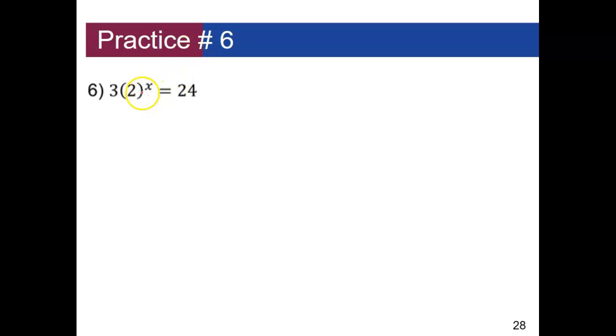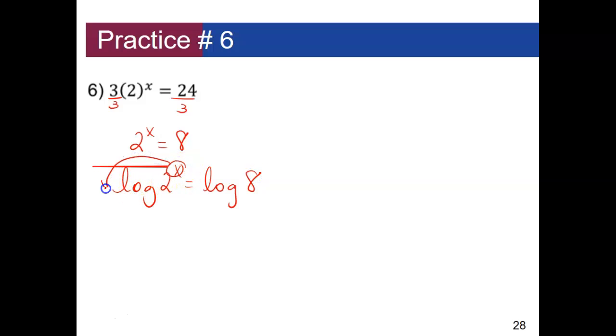Okay, here's one that we have a base of 2. It's an exponential function, so we need to get rid of the 3 first of all in order to get this part isolated. So we have 2 to the x equals 8. I'm going to take the log of both sides in order to get this x to come down. By our properties, we can bring this x down in front.